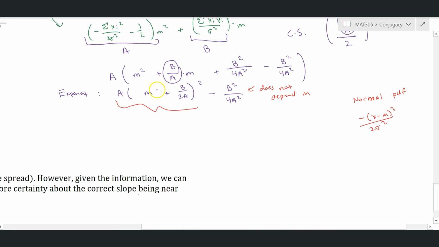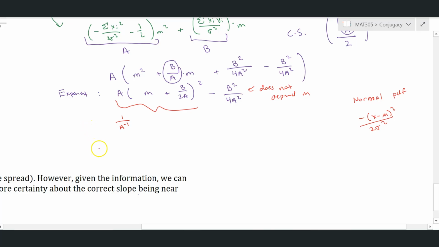So what I can do is write this as a, which is missing a 2 sigma squared in the denominator. So I can say that this is 1 over a to the negative 1, right? Because that is the same thing as just a. If you take 1 over a to the negative 1, that will just give you the reciprocal, which is a to the positive 1.